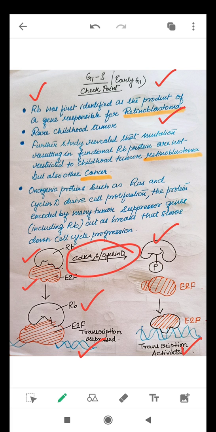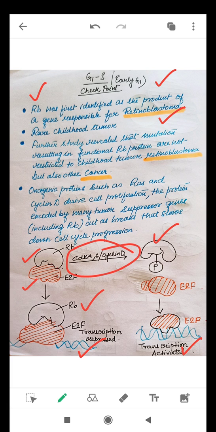So again I repeat that RB is responsible for retinoblastoma. Mutation of RB not only results in childhood tumor but is also associated with different types of cancer. Now this RB is associated with E2F. RB in its active form will bind with E2F, and thus E2F will remain inactive, and as a result the transcription will be repressed.